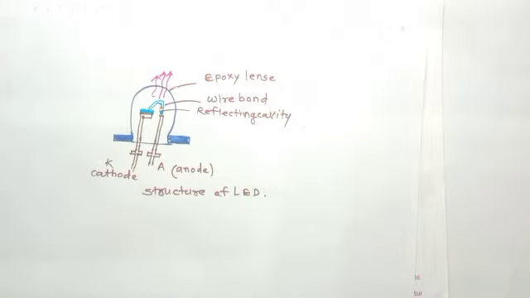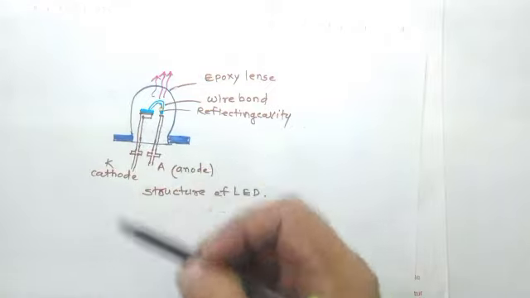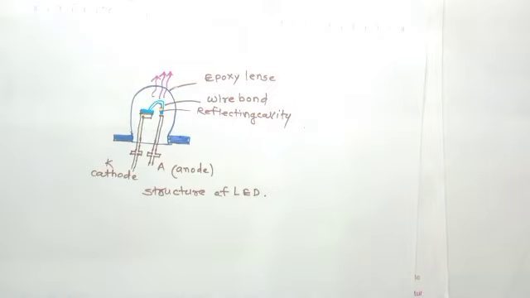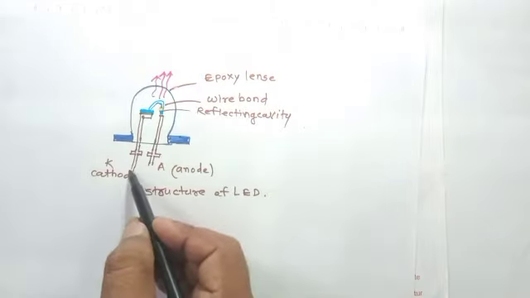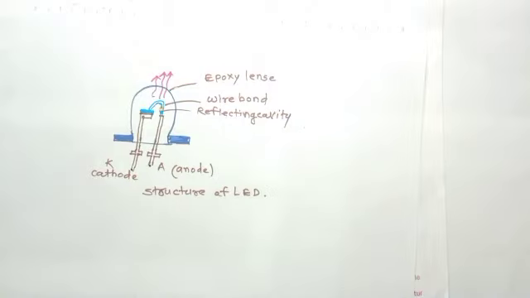Metal contacts are attached on either side of the p-n junction. The metal attached on either side of the p-n junction serves as contact for the external circuit. See here, these are the contacts for the external circuit.